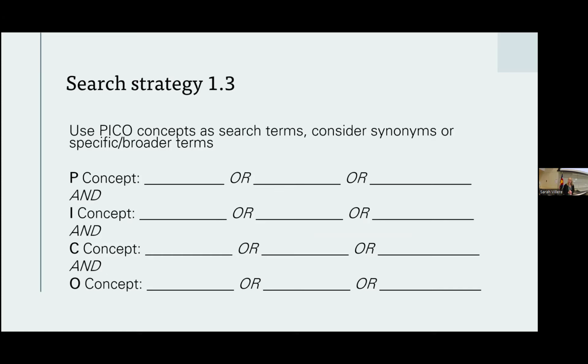Okay, so putting this all together, how can we actually translate your PICO question into search terms? We are going to do this by writing it out. Keep a copy of what you're doing either on your computer or on paper, but you'll start with each of your individual concepts, and you're going to try and think of all of the synonyms that may be relevant for that concept.